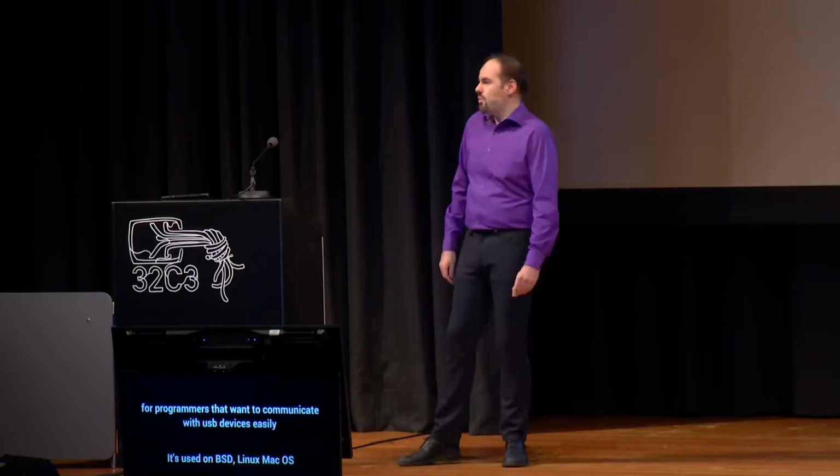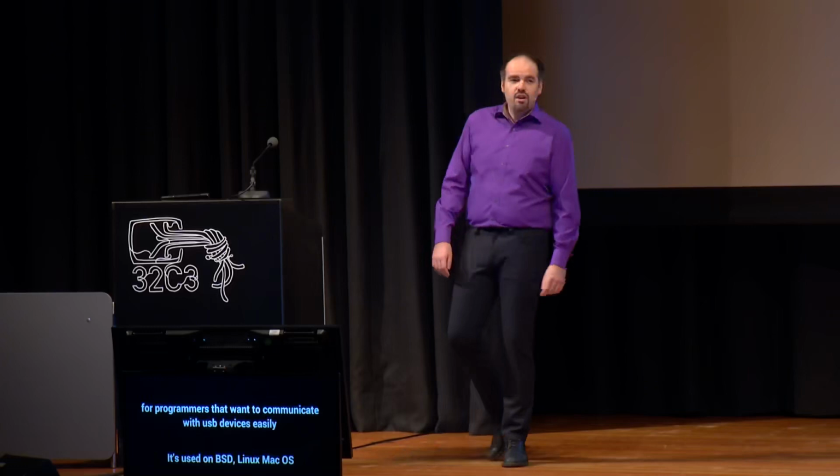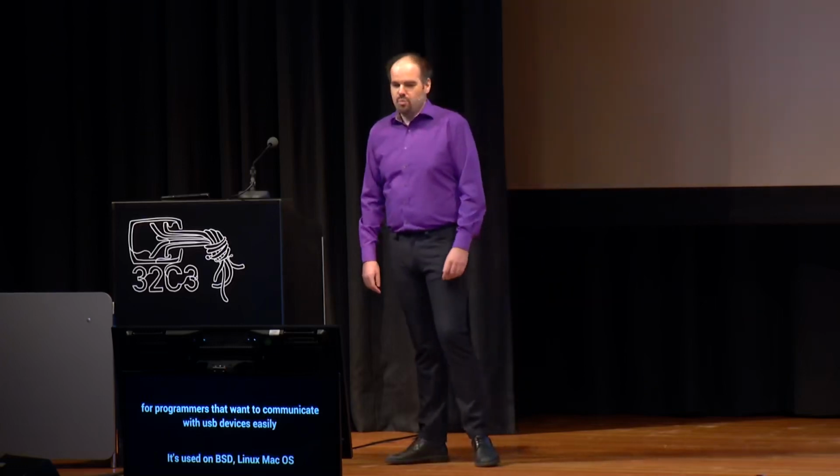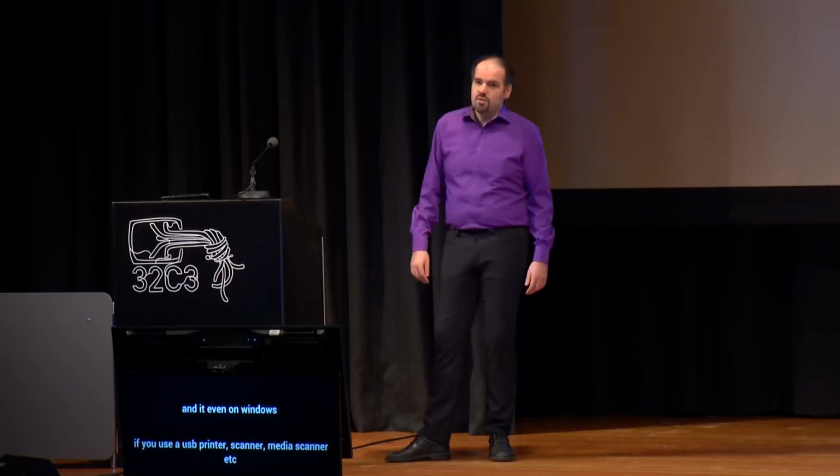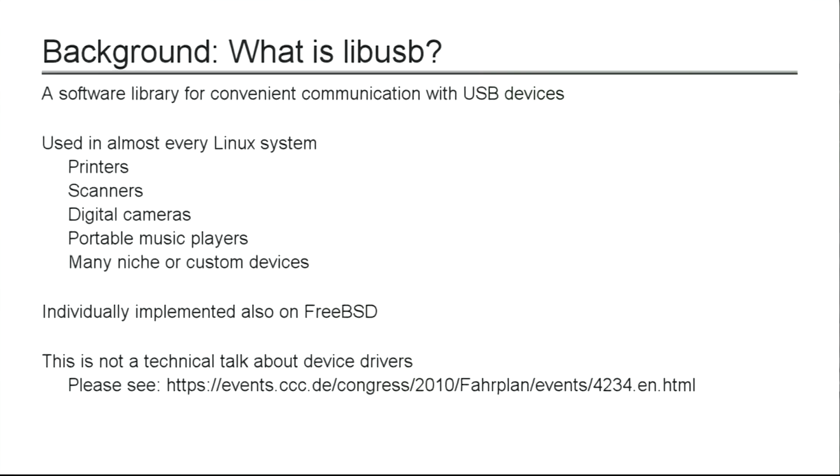If you've used a USB printer, a USB scanner, some digital camera, some media player, then it's not unlikely that you've actually been using libusb, or the software that you've been using has been using libusb. FreeBSD has implemented libusb on their own for licensing reasons. As far as I understand, libusb is an LGPL library, which means that the license is not quite as permissive as the BSD project, and so they chose to write their own.